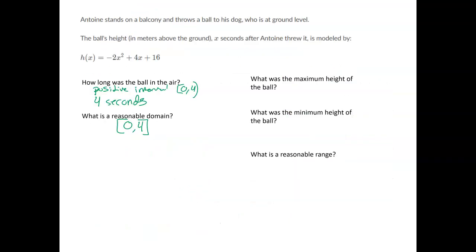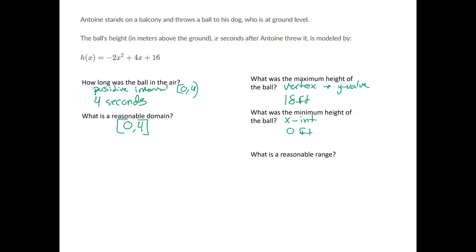So my maximum height comes from the vertex, specifically which value of the vertex? The y value. So we got the y value of the vertex, that gives us the 18 feet. The minimum height comes from the x-intercept within our domain, and that gives us 0 feet.